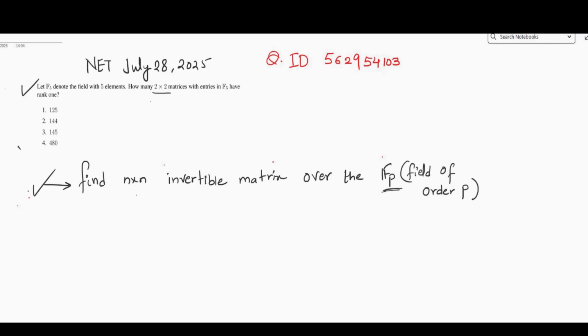So before solving this problem, let us derive one beautiful result. That result is that we have to find the number of n cross n invertible matrices over the field of order p, denoted in this way. So let us derive this result.